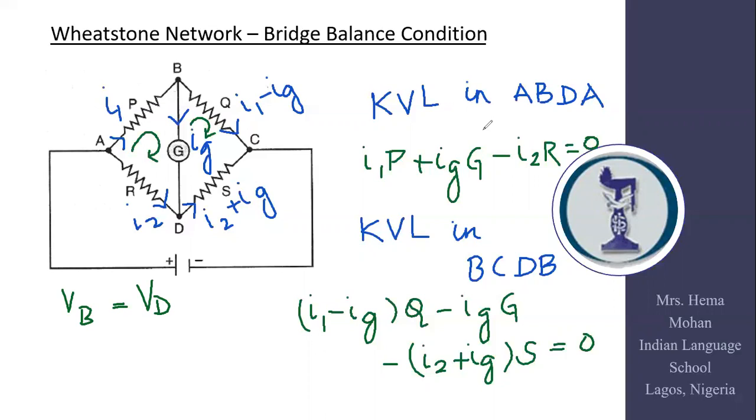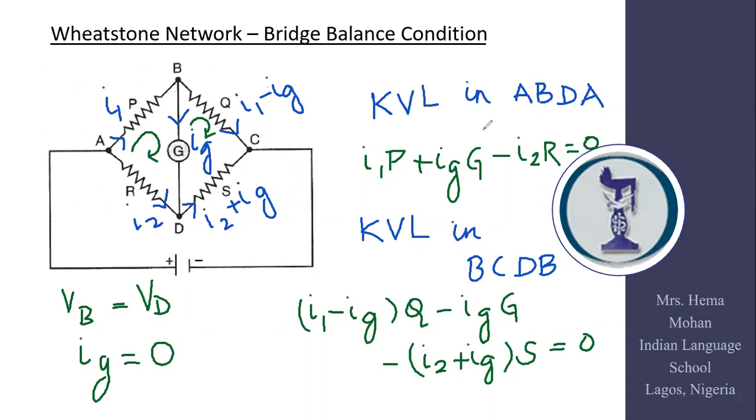That means there is no potential difference across those two ends. Where there is no potential difference, there is no current. That means IG becomes equal to 0. Please understand, this is the bridge balance condition of a Wheatstone network. That is, the current through the galvanometer becomes 0 when the bridge is balanced.